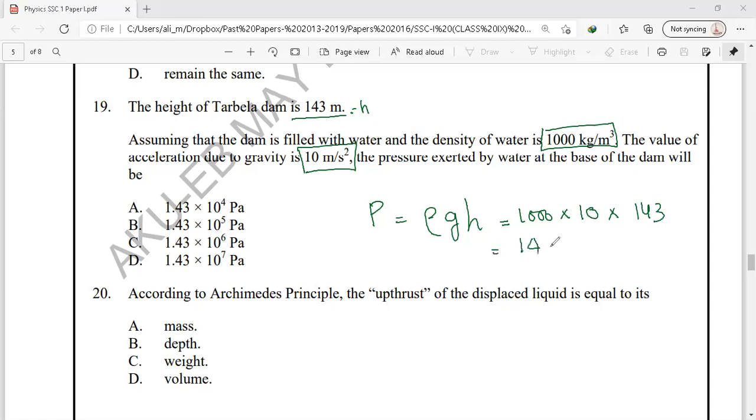So we will get 143,000 and 0 pascals. After converting this into scientific notation, we will get the correct option for this question number 19, that is option C.